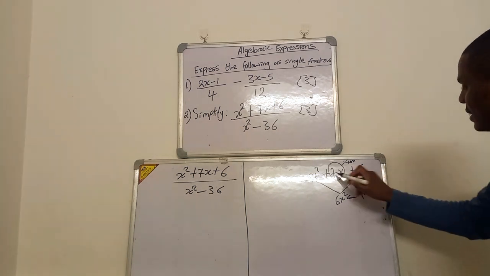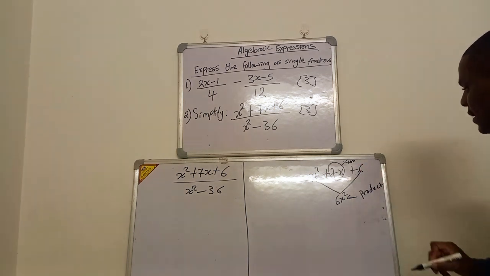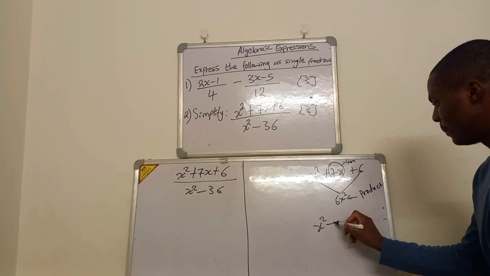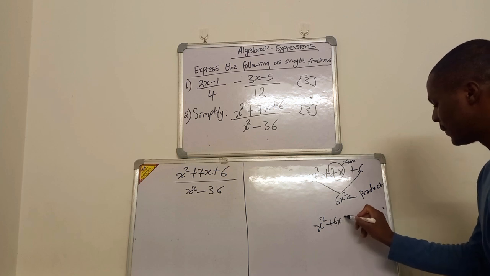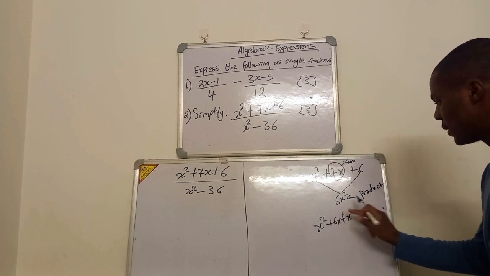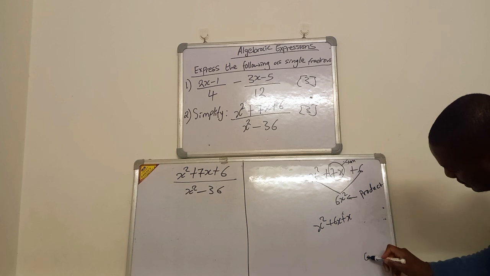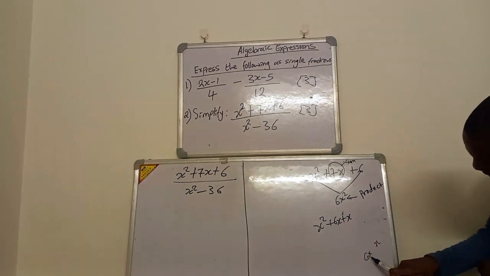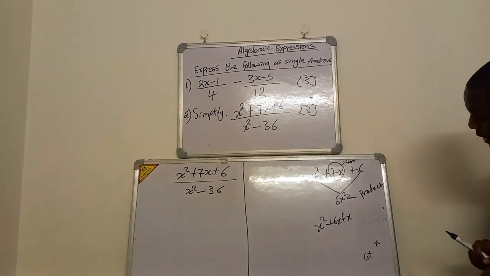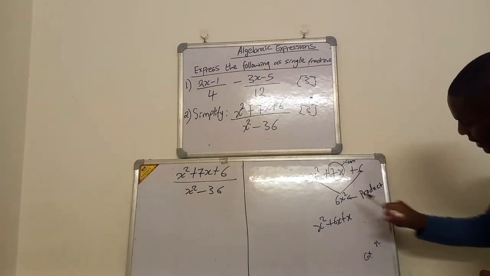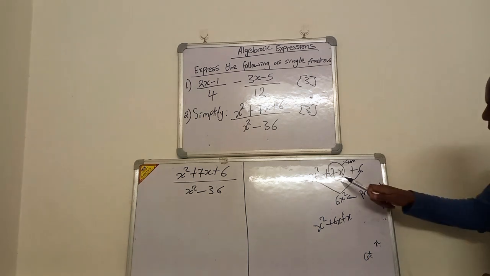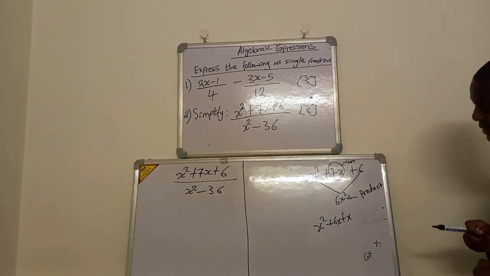So you take 6x and x, you put them where there is 7x. So let's do this. So x squared plus 6x plus x. I said my factors are 6x and x, because if I multiply 6x and x, I'm getting 6x squared. If I add 6x and x, I'm getting 7x, right?